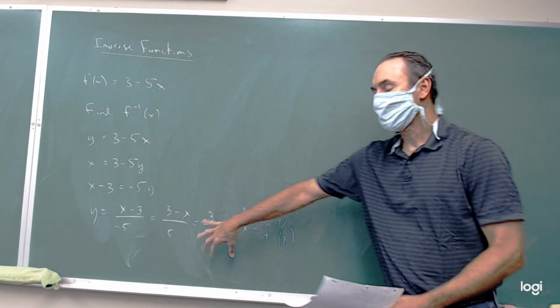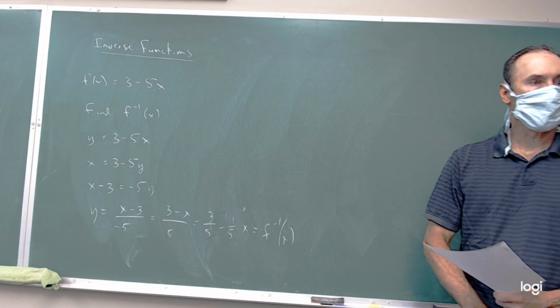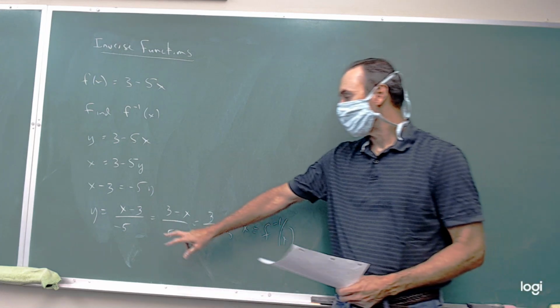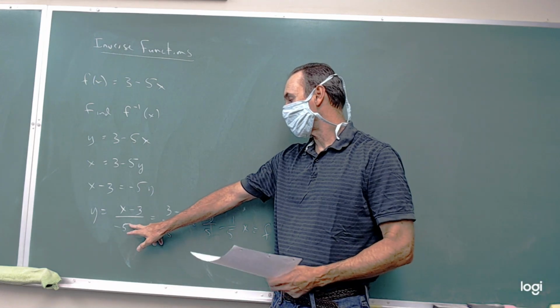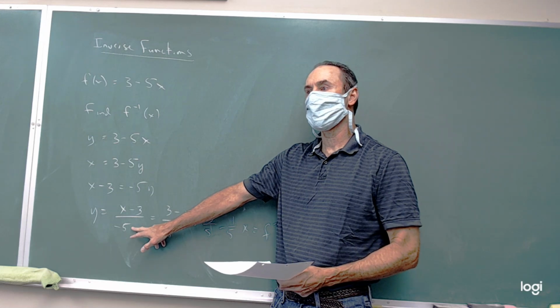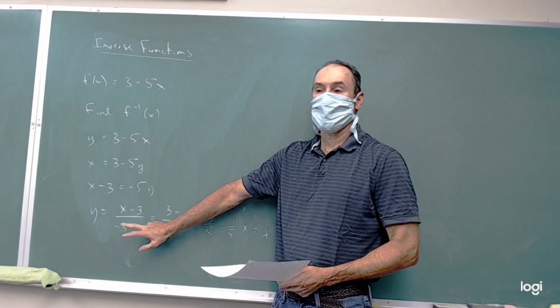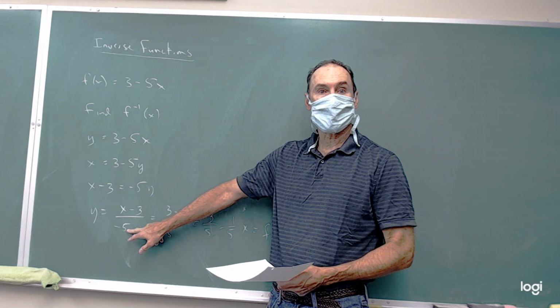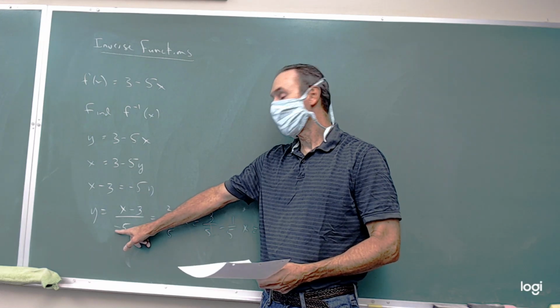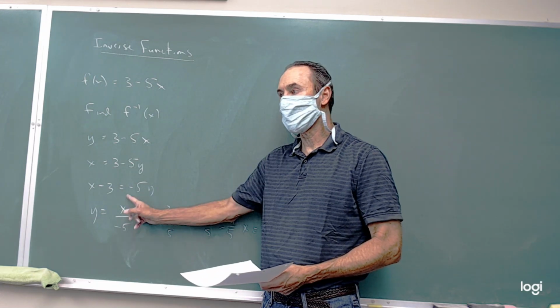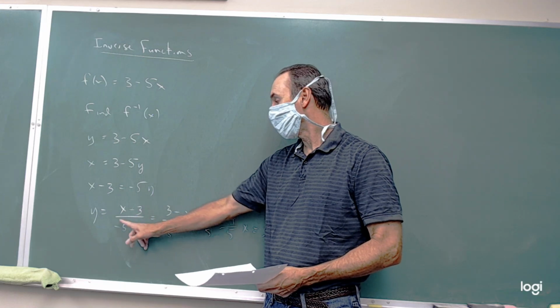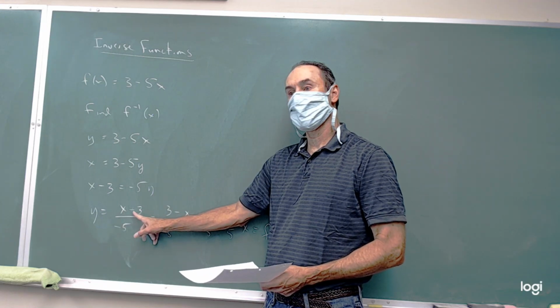So there are lots of correct versions of this, and I don't care which one you use. Probably most of us, because it's the quickest, easiest way, got 2x minus 3 over negative 5? Okay, and that's fine. You can stop there, and I'm totally okay with that. If you don't like that negative 5 in the denominator, we can multiply top and bottom by negative 1. That'll make the x negative and the negative 3 positive.